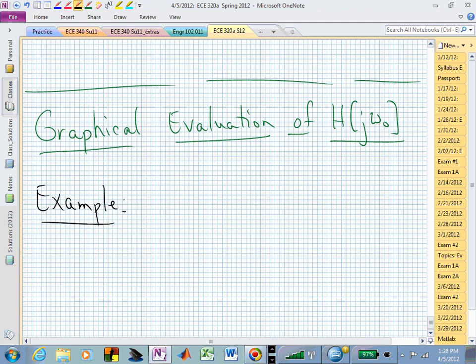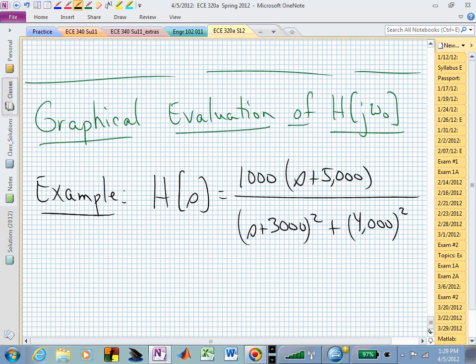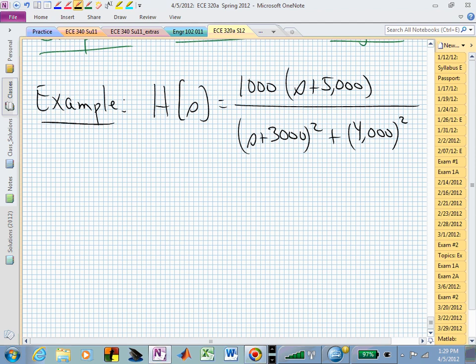And let's just use the example that we finished with. Suppose we have our h of s is now 1,000 over s plus 5,000. And I'm sure you all had already completed the square up above and realized that you now had complex poles in your denominator located accordingly to this particular factored form.